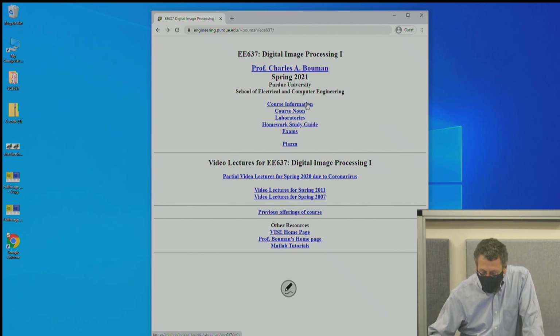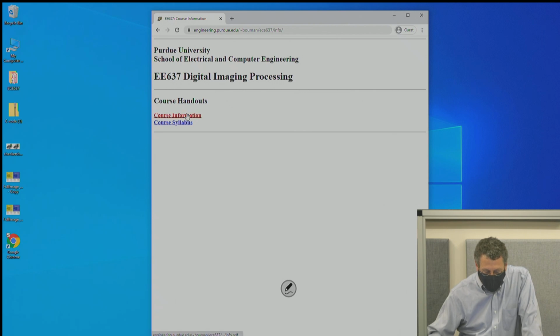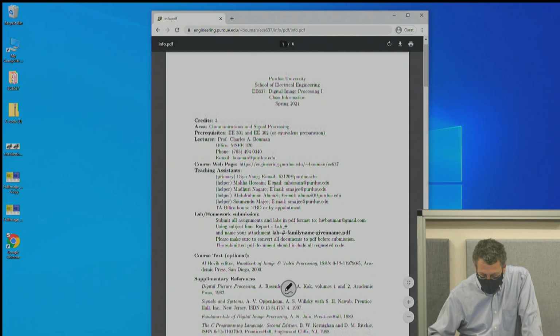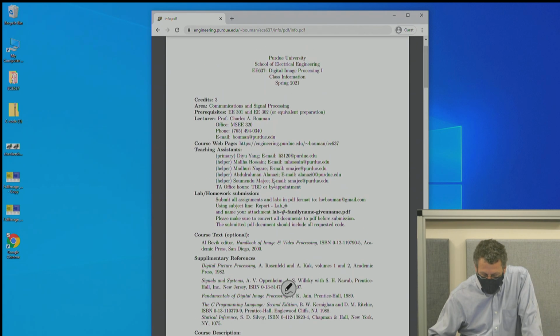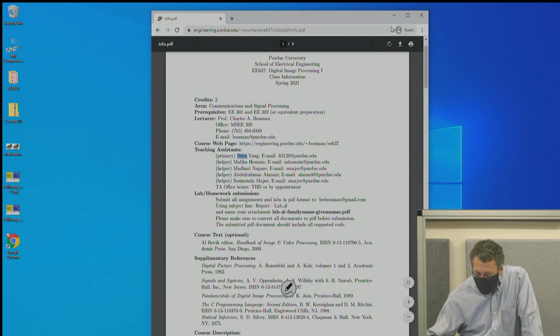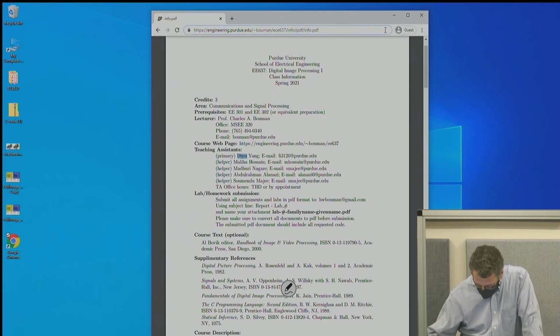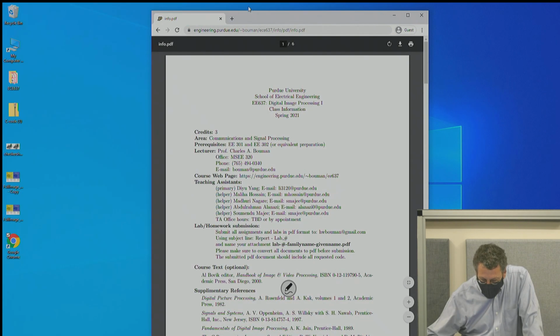The course information, so let's see what we got here. So this is basic course information. Let's see what it says. I actually have a printed version of this, but okay, this can't change. Hold on for a second. I need to reload. How do I reload? What happened?